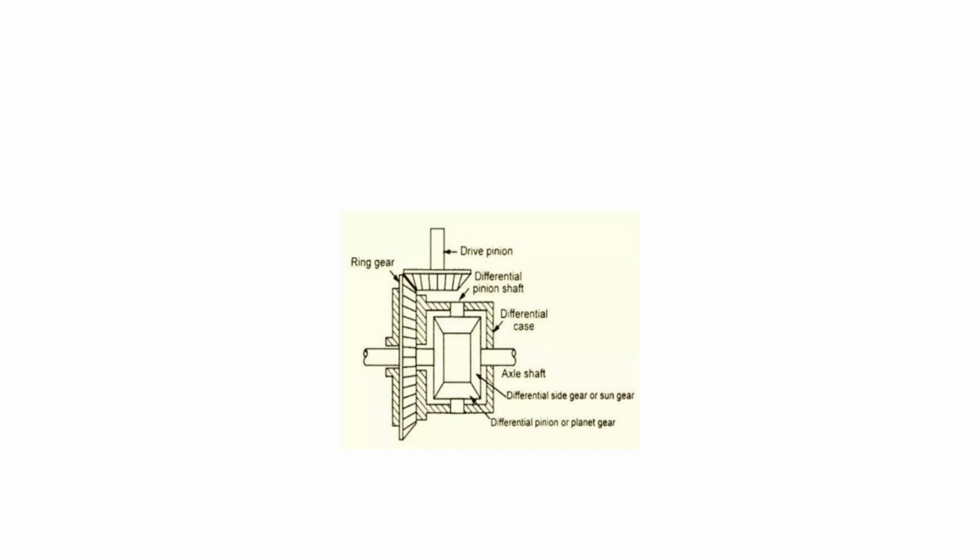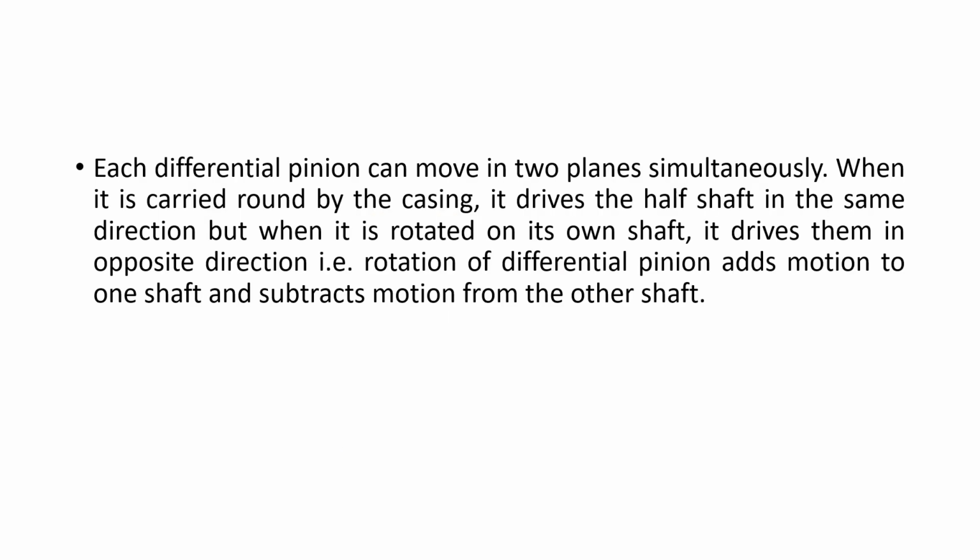You can have the driver pinion, differential pinion shaft, ring gear, differential cages, and also the axle shaft, etc. In differential servicing, the various damages that can occur are cracks and breakages of the bevel pinion shaft, chipping, pits, and peeling or corrosion of the tooth surface, and also excessive wear or damage to the bearings. These can be some problems.